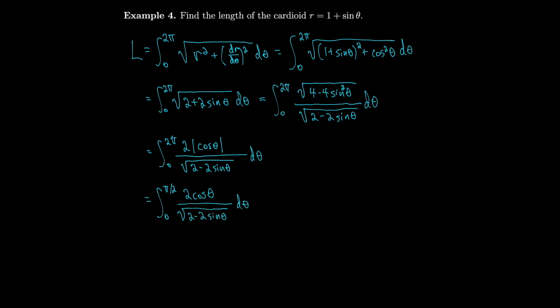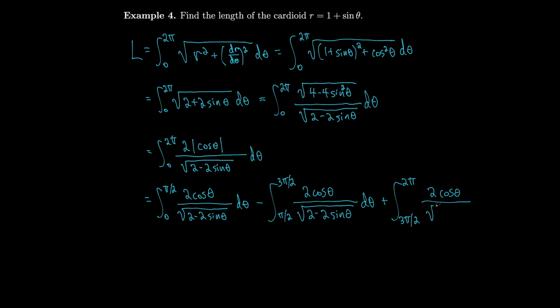Then I will make it negative from pi over 2 to 3 pi over 2, because this negative would cancel since I'm taking the absolute value. And then I'm looking at it positive again from 3 pi over 2 to 2 pi. And by splitting it, that forces cosine to always be positive over here so that our absolute value can be taken away.